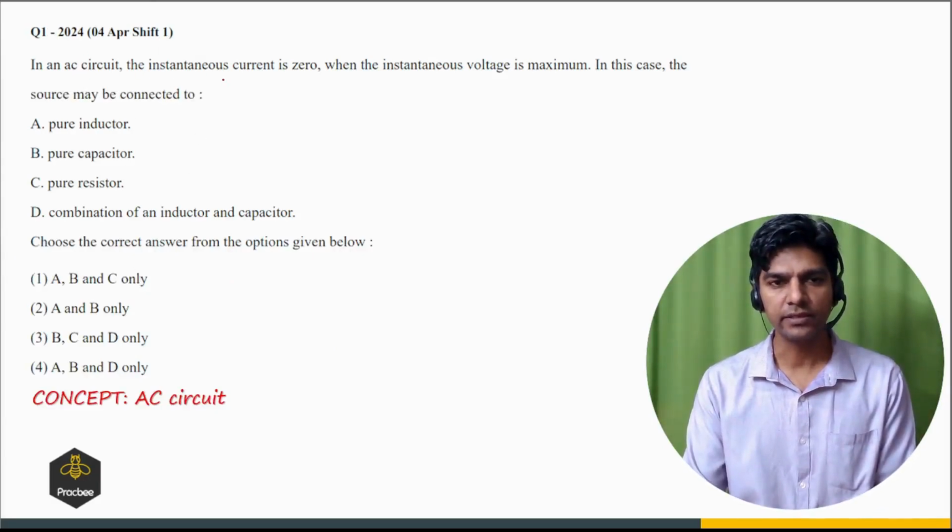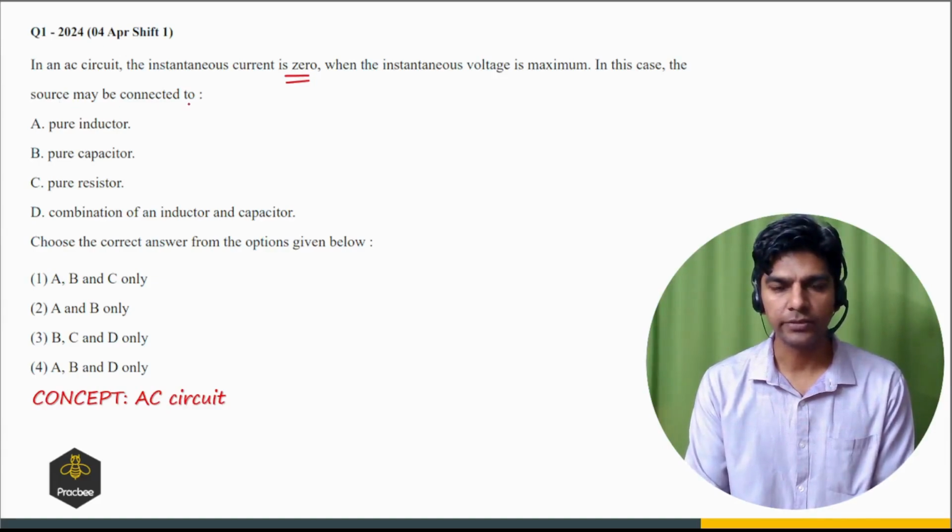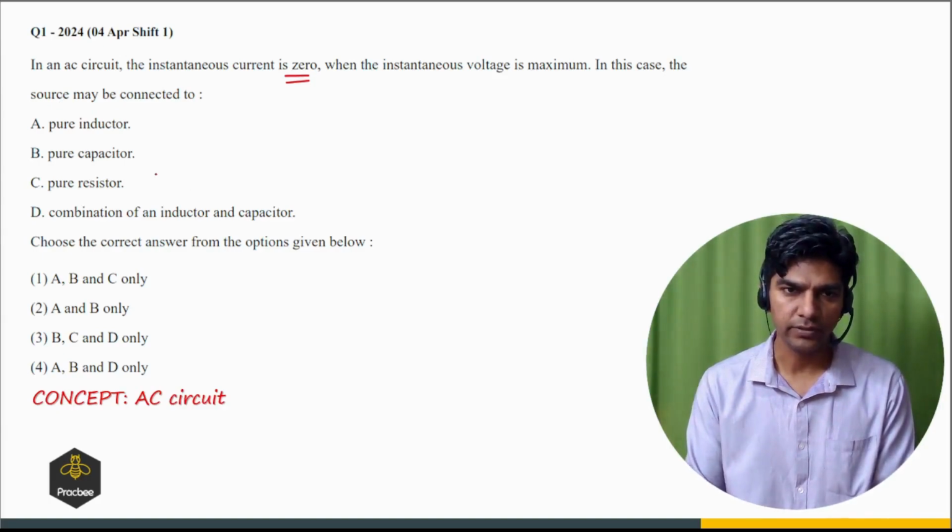In an AC circuit, the instantaneous current is 0 when the instantaneous voltage is maximum. So what does it mean? There is a phase difference of pi by 2 between the voltage and the current. In this case, the source may be connected to what? When do we have pi by 2 as the phase difference?